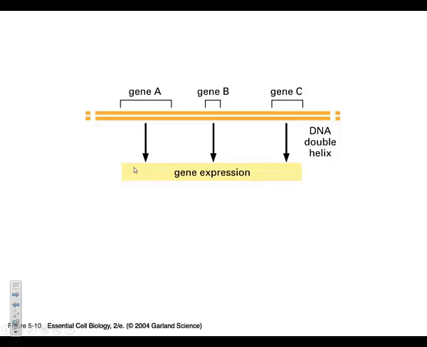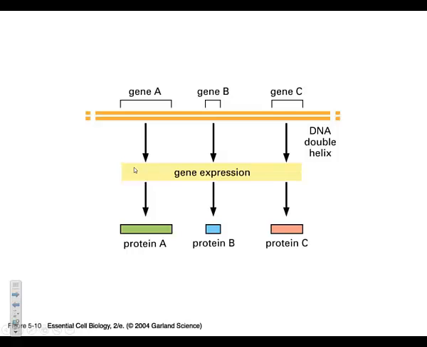So the RNA is this intermediate between the information in the gene and the protein, and the process of converting that information to a useful form is gene expression.